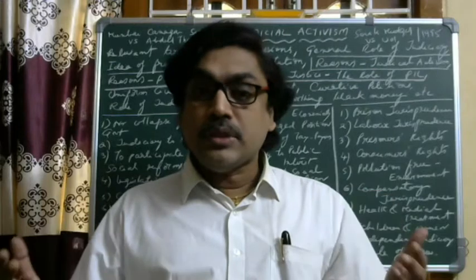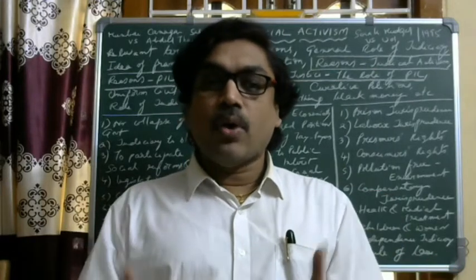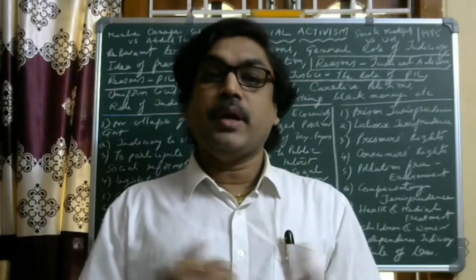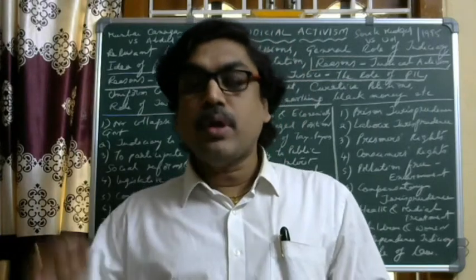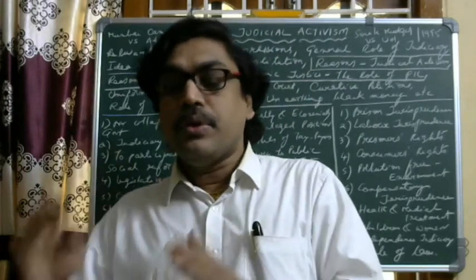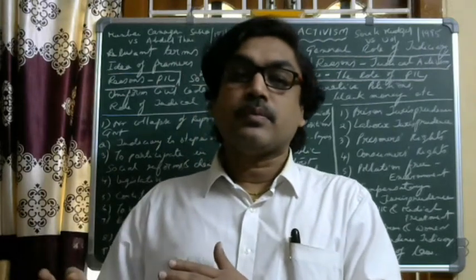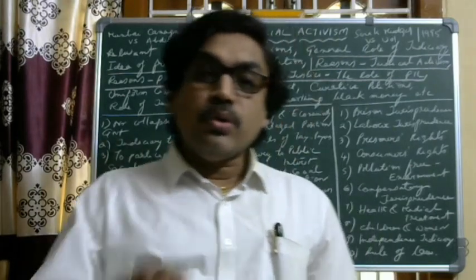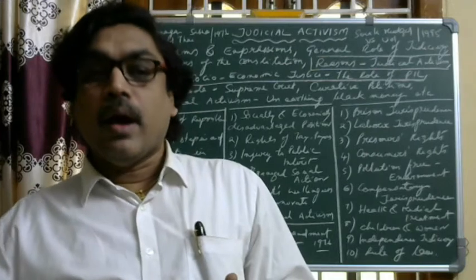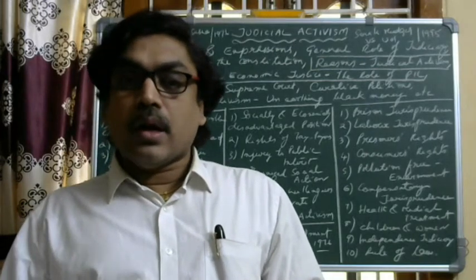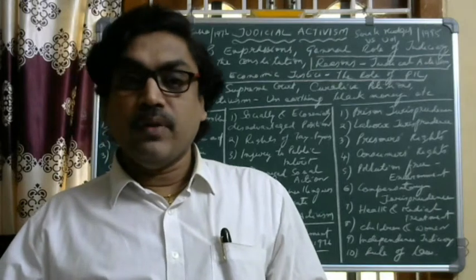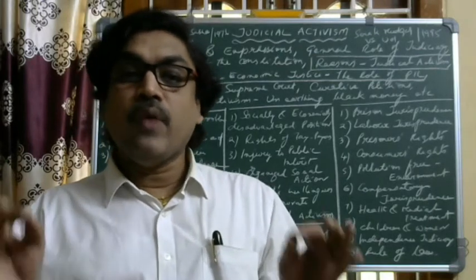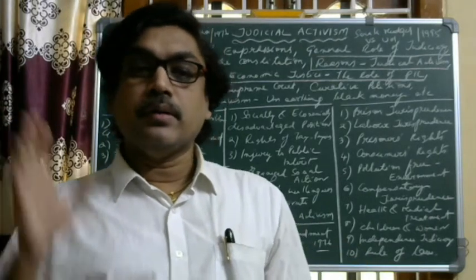But how will this matter come before the judiciary? The affected persons must approach the judiciary seeking judicial review under Article 226 before the High Court, as well as under Article 32 before the Supreme Court of India, by way of writ petition.